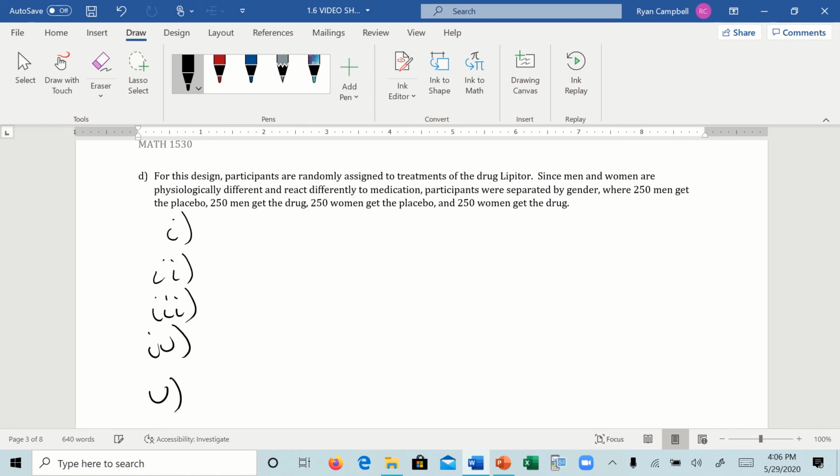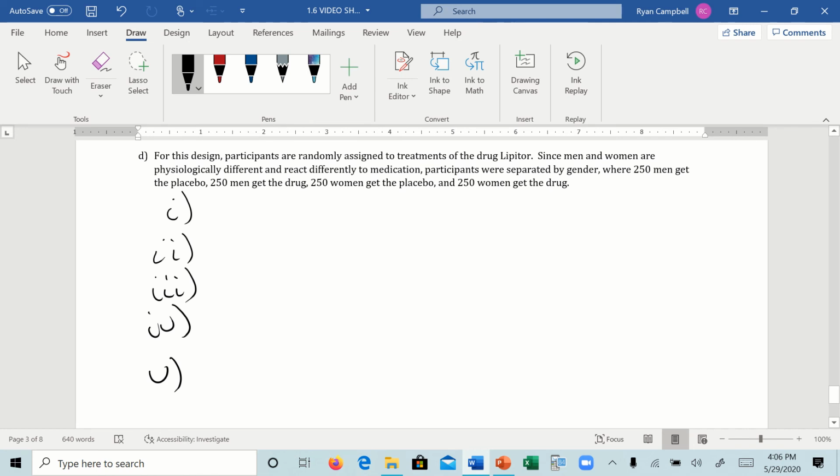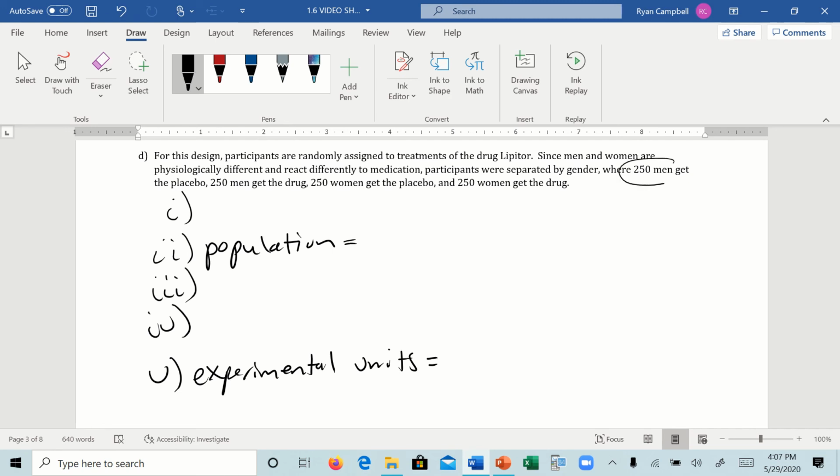All right. So, first of all, what is the population? What are the experimental units? We can see the experimental units: 250 men getting a placebo, 250 men getting the drug. So 250 plus 250, we have 500 men.